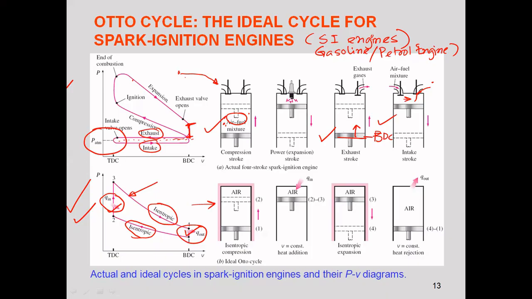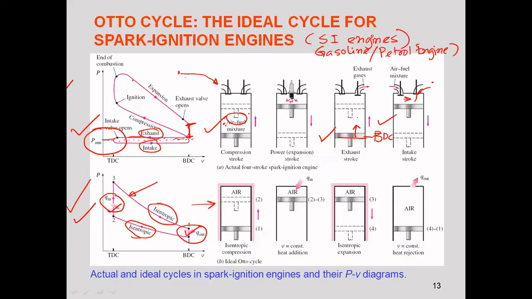Just follow the first row, the actual cycle. Here you see this one, I guess you can see it. The atmospheric value is this one. The exhaust process is taking place a little above the atmospheric value, because during the movement of the piston from bottom dead center towards top dead center, the piston is kind of compressing the exhaust gas.